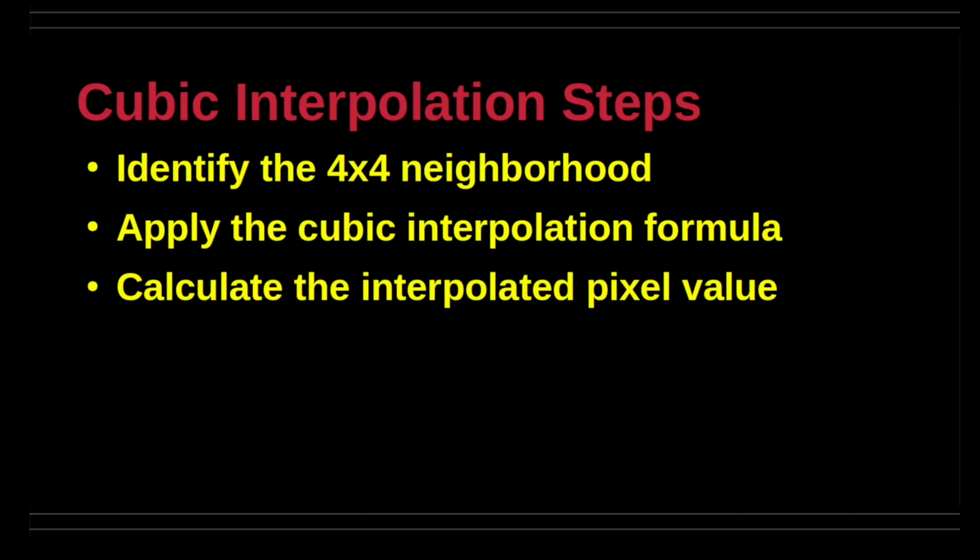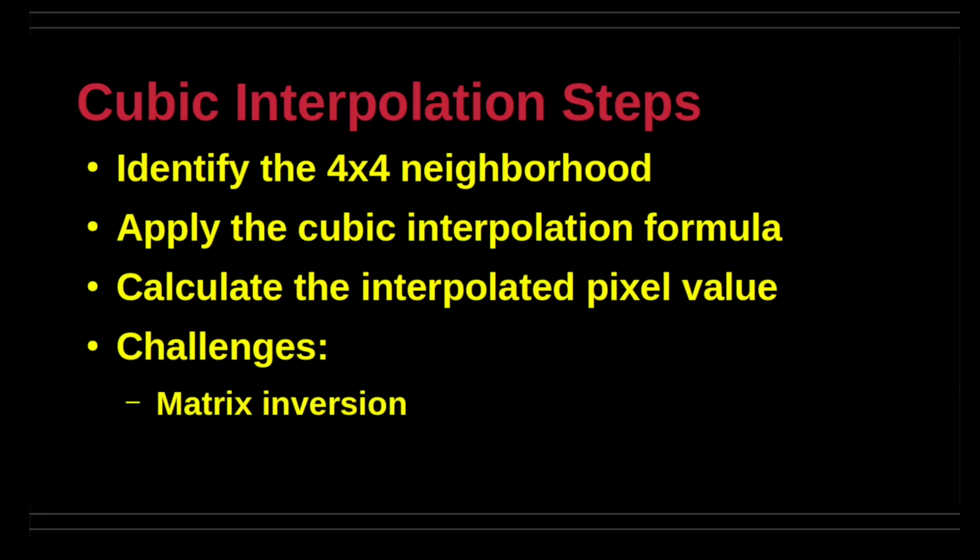For each pixel in the target image, determine the corresponding 16 pixels in the source image. Set up the system of equations. Based on the 16 pixel values, create a system of 16 linear equations. The unknowns in these equations are the coefficients of the bicubic polynomial.